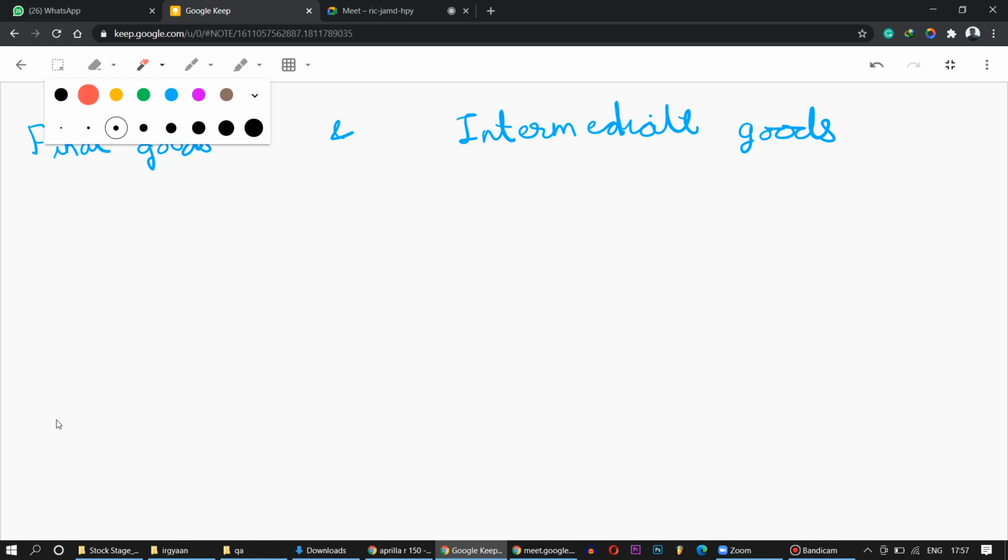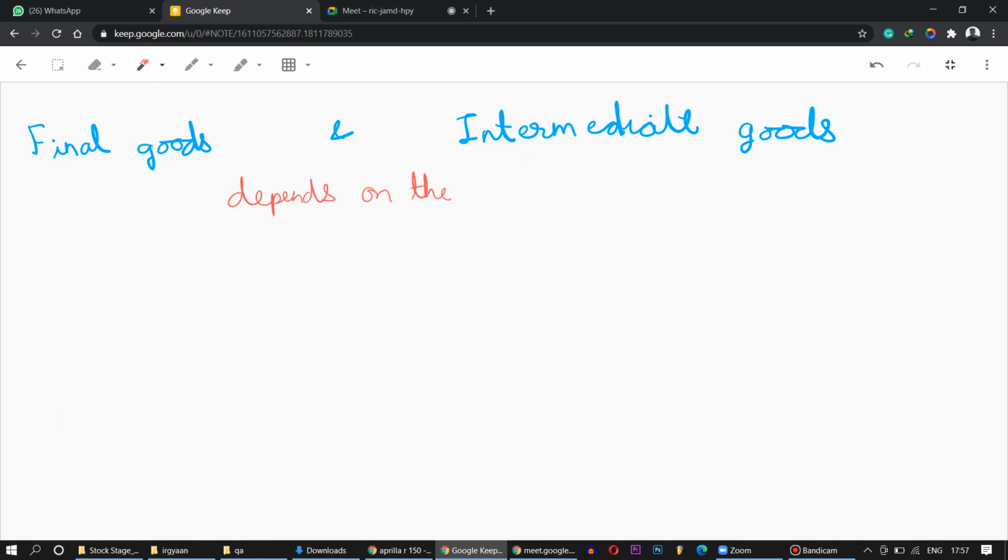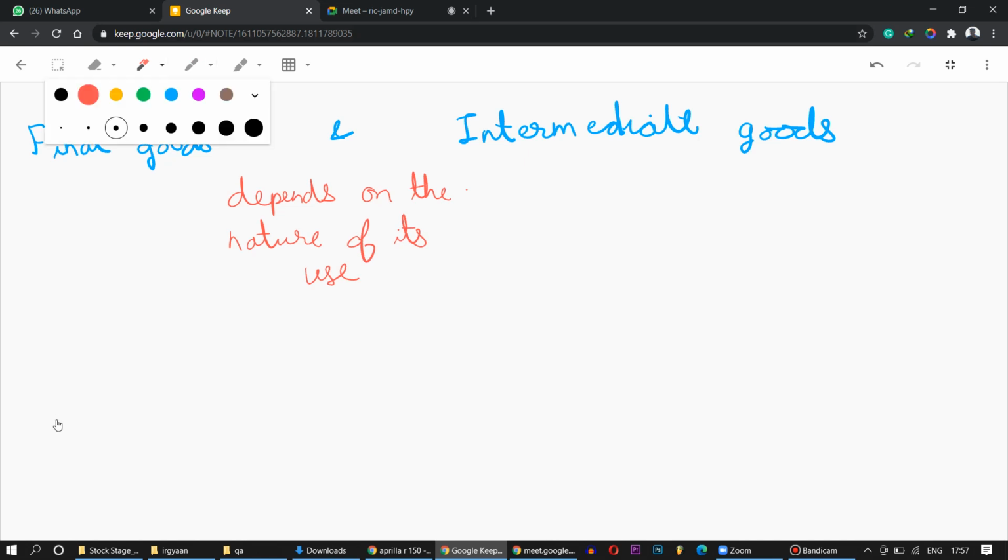What is the difference between the two? It depends on the nature of its use. How do we use the good? Only then we'll identify if it's final or if it's intermediate.